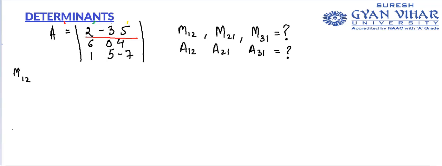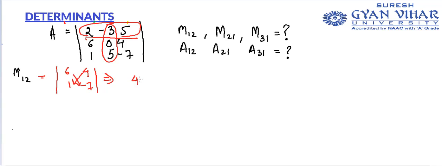You will get 6, 4; 1, minus 7. Then you find the determinant. So it is 6 times minus 7, which is minus 42, minus 4. So you'll get the answer as minus 46.